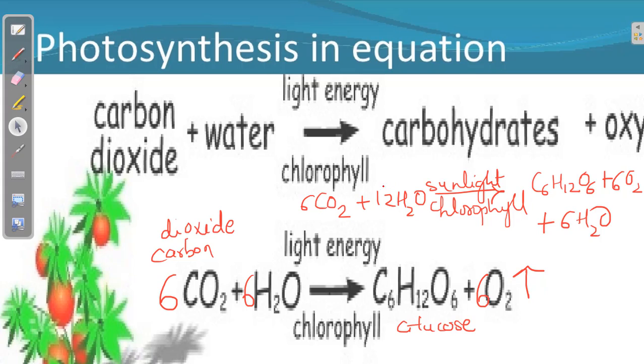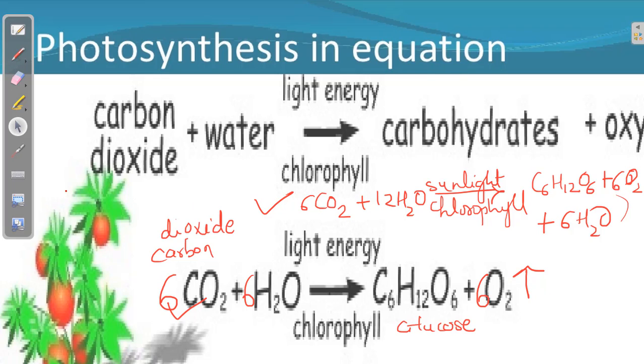So if you increase to 12 molecules of water, you have to release 6 molecules of water again. Both these equations are correct. Actually the plant first takes in 12 molecules of water and then releases 6 molecules of water. Remember, if you increase the number here, you also have to release the water molecules.